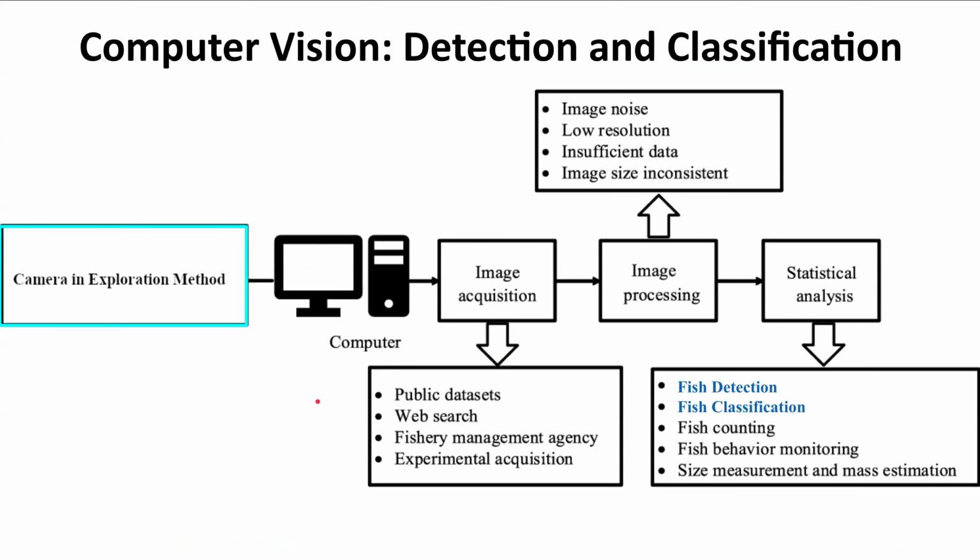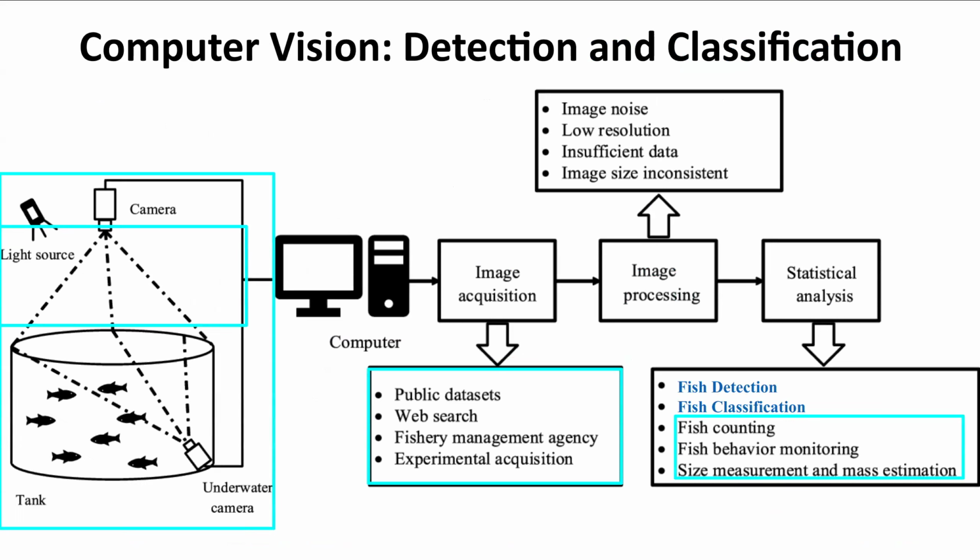So we start off with the camera in exploration mode, and we have two public data sets that we used as benchmarks, and our own data set that we also collected in collaboration with a marine ecologist. And this is also more controlled data that you could also get, but we didn't do this.